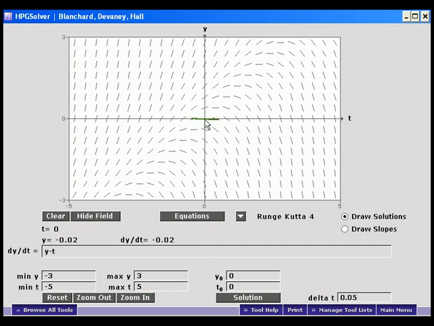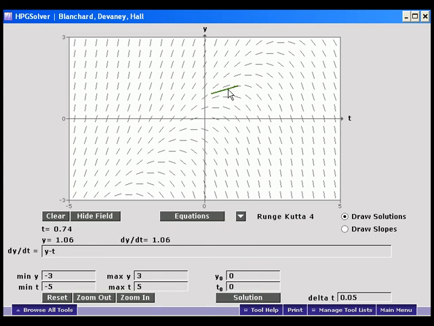That at each point, for example, t equals 0, y equals 0, y minus t is 0 minus 0, which is 0. So it says if you ever go through the point 0, 0, your slope should be 0 minus 0, which is 0, and that's what it is. On the other hand, if you go through the point, about t equals 0, y equals 1, then the slope should be y minus t, 1 minus 0, which is 1, and that looks like about a 45-degree angle.